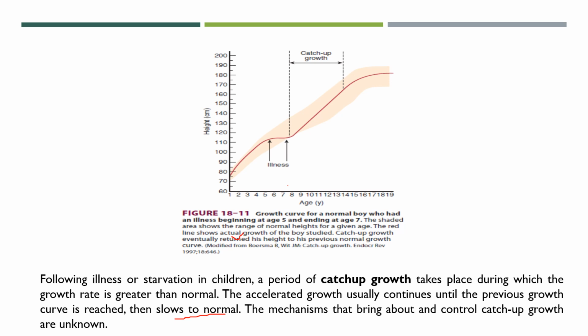Here we can see the growth curve of a normal boy who had an illness beginning at the age of 5 and ending at the age of 7.